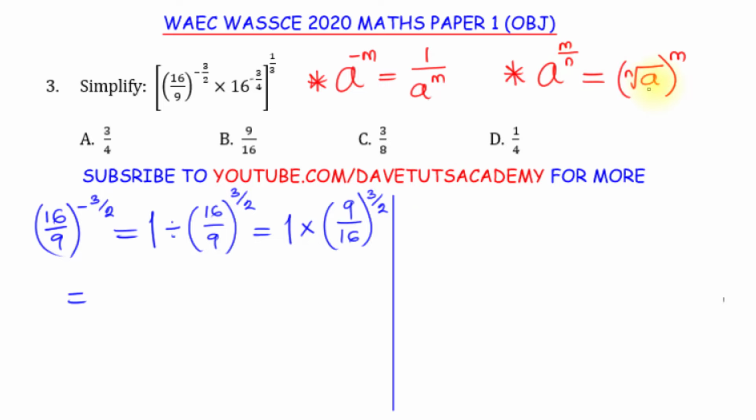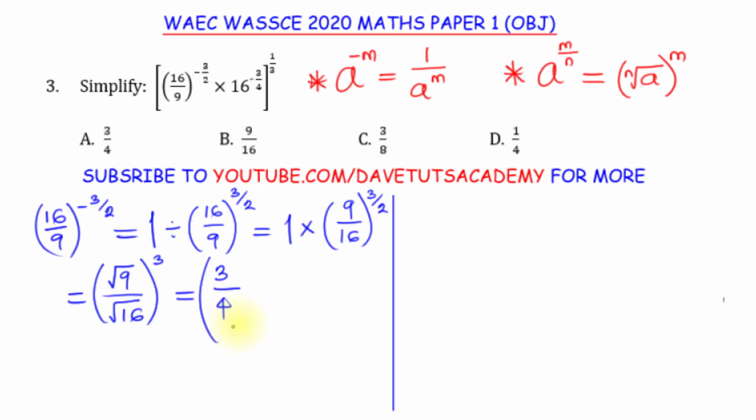If we now want to apply this particular law, and I will take it piecewise, because I'm having 2 as the denominator, it will be the square root of 9 over the square root of 16, raised to power 3. So I've taken care of the denominator in the power by finding the square root of the numbers in that bracket. I know the square root of 9 to be 3, and the square root of 16 to be 4.